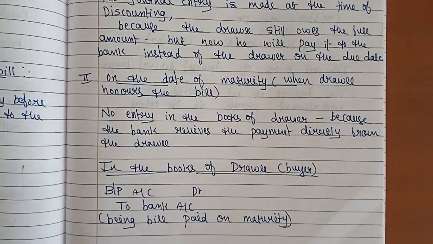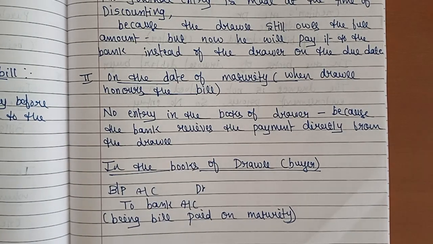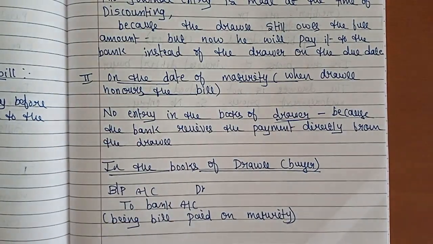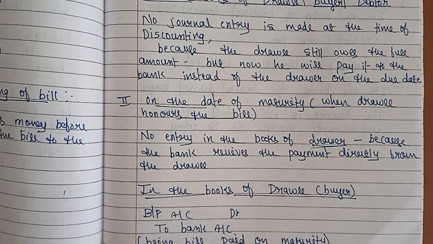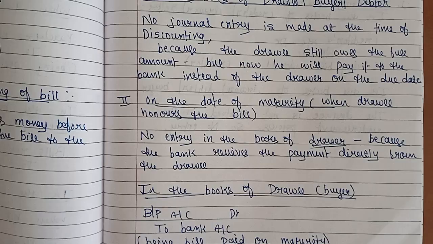Now at the time of maturity, on the date of maturity, what is the journal entry? The drawee honors the bill. There is no entry in the books of drawer. Why? It's easy because the bank receives the payment directly from the drawee. Clear? On the date of maturity, the drawer is not going to receive any amount because he already received the amount from the bank.